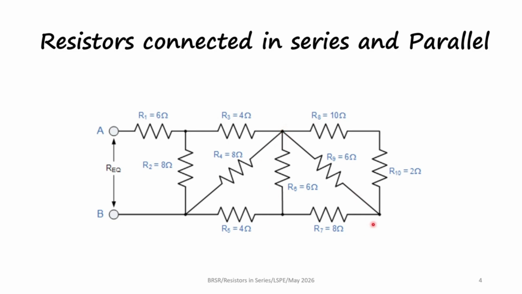So again this 2 ohms and 8 ohms are not connected in series. This 8 ohms and 4 ohms are not connected in series because at every junction we see that there is branching. So two resistors are said to be connected in series only if only one end of each resistor is connected to one end of the second resistor.